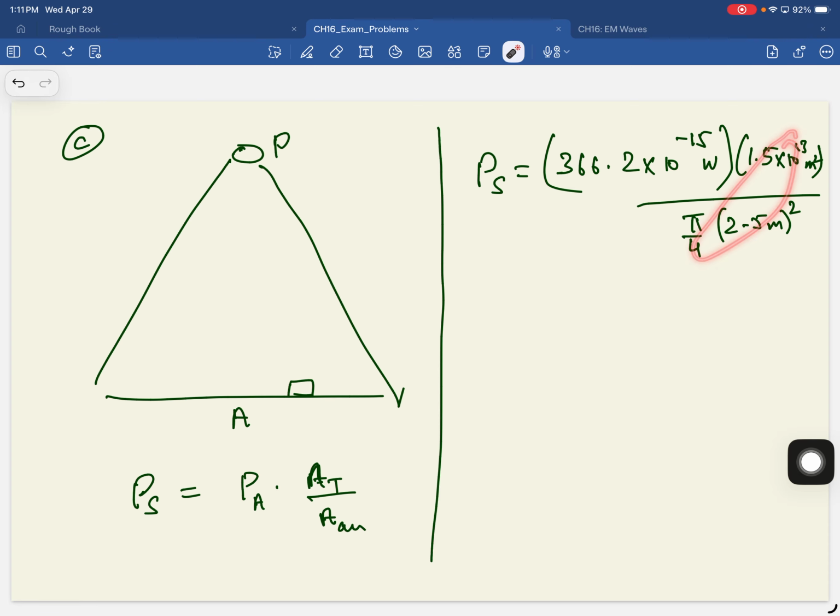Essentially that's how many antennas you have. Let me calculate that.